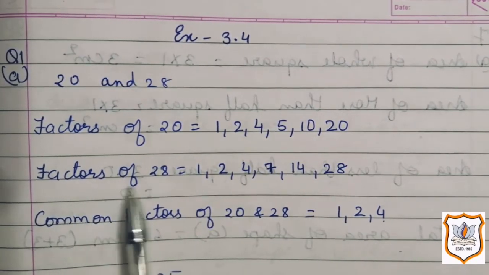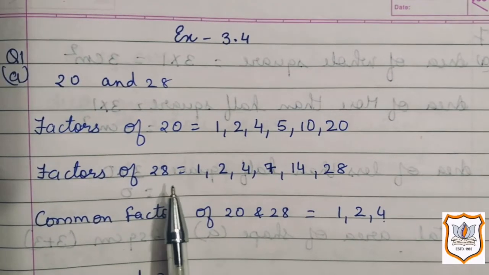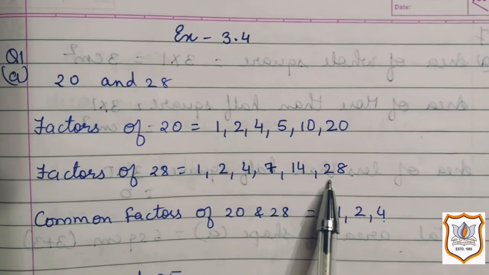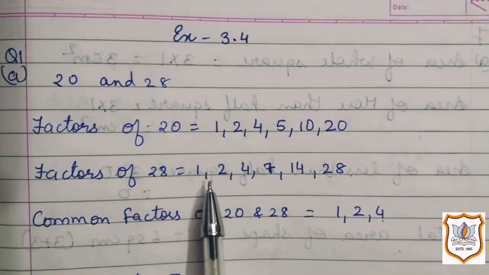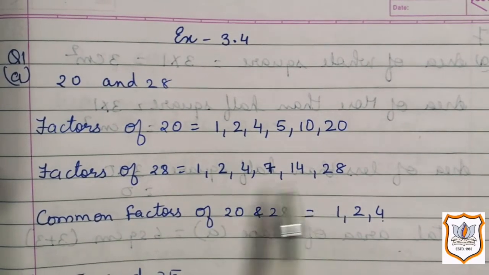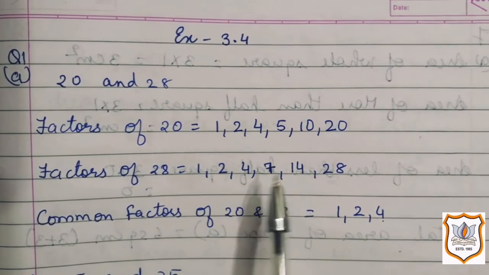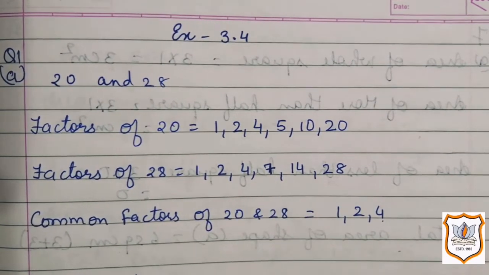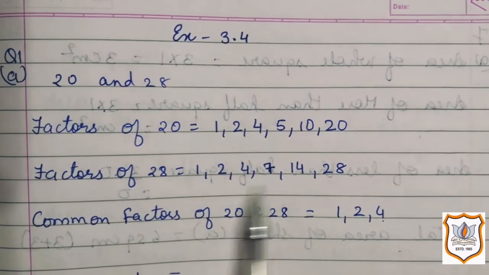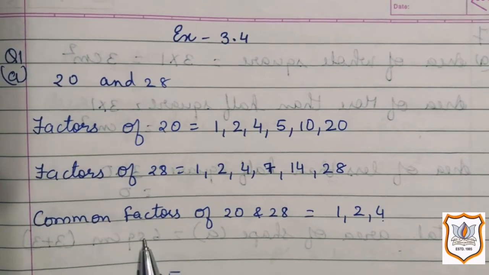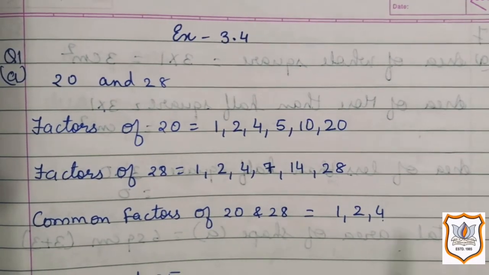Now factors of 28. Factors of 28 are 1, 2, 4, 7, 14 and 28. By multiplying 1 by 28 we get 28. By multiplying 2 by 14 also we get 28, and 4 sevens is also 28. So these are the factors of 28. Now we have to find the common factors of 20 and 28.